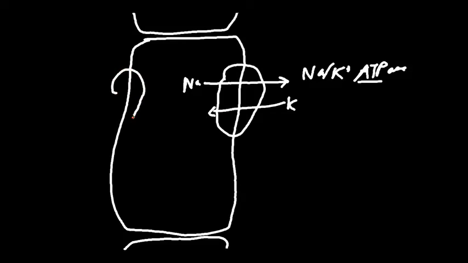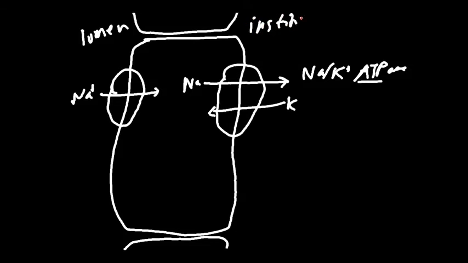We've got a channel here that we've already talked about if you've been following along with my lecture. It's got the sodium coming in. It's just a channel. Here's our lumen side. Here's our interstitial side for orientation. This channel is called the ENaC channel, right there.